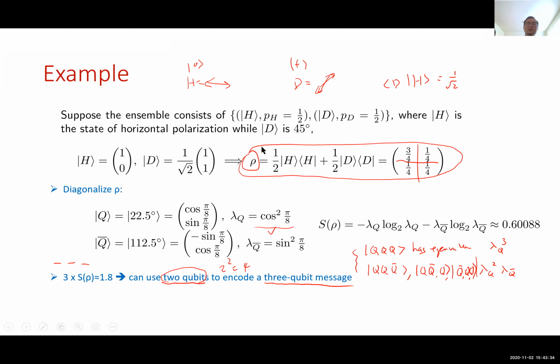So whatever Alice sends needs to come from, needs to be drawn from this ensemble, okay? So you should talk about the average of the message.